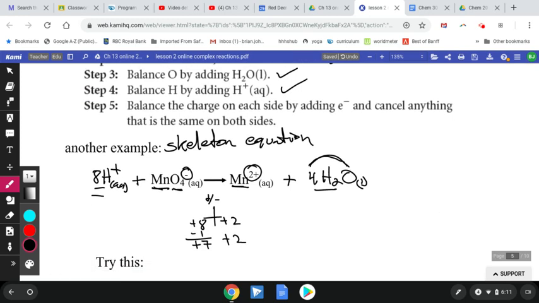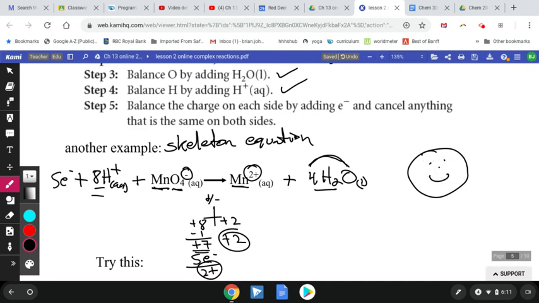Add the electrons to the more positive side, that's this one. We need 5 negative electrons, or 5 minus, to get us to 2 plus, and then they're equal. 5 electrons, and that is a balanced complex half reaction.